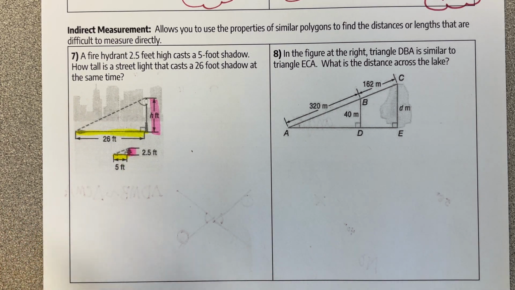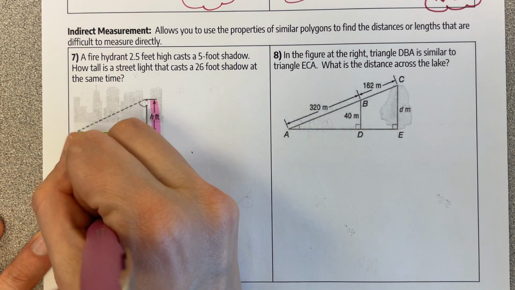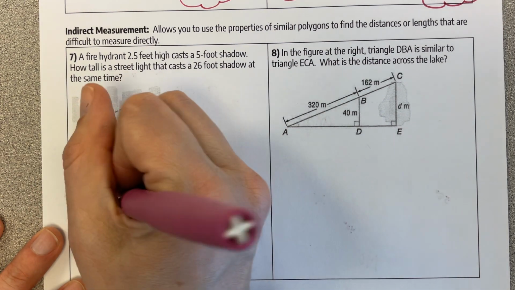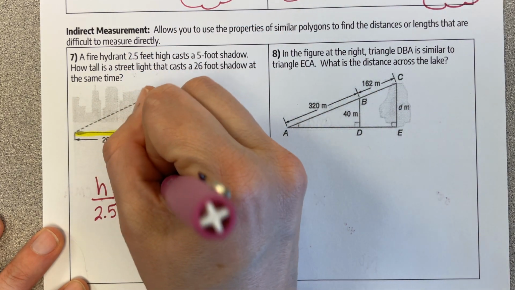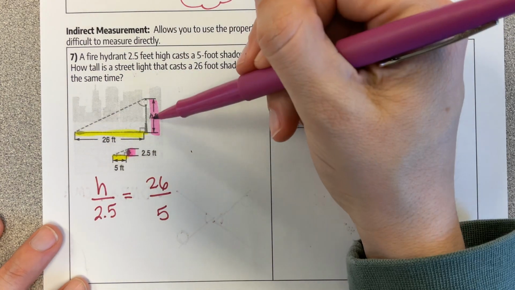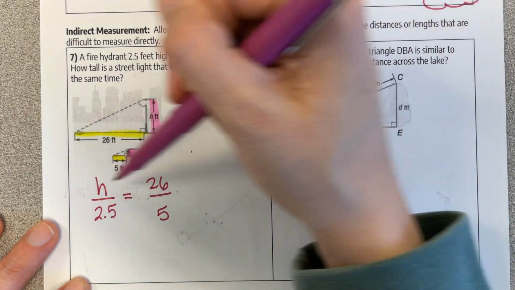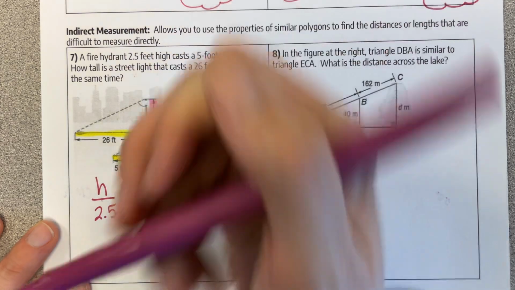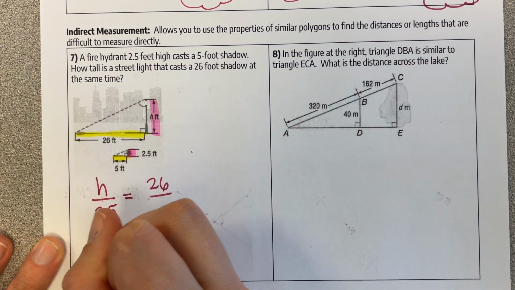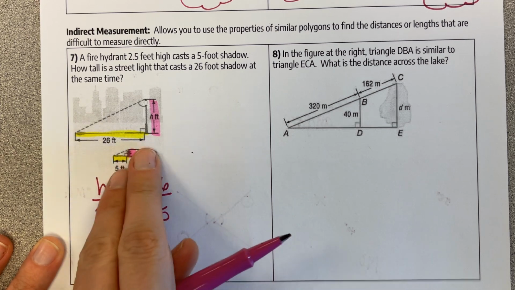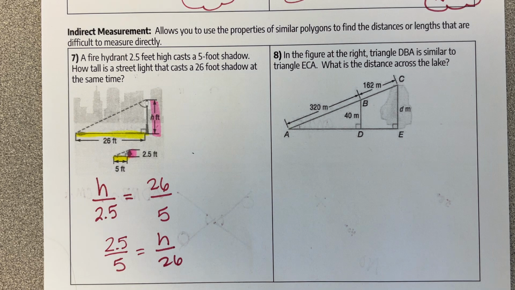I'm comparing. We want to know the height of the light pole compared to the height of the fire hydrant. And then starting with this, the 26 over 5. So we're comparing those heights to the shadows. Heights, shadows, same shape, same shape. If you had done this differently, like if you did 2.5 is to 5 from the same shape as the height is to 26, that also works.